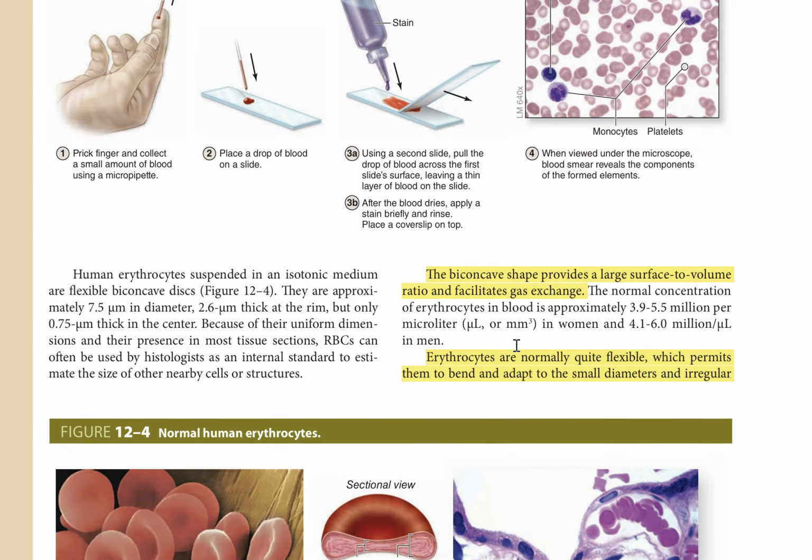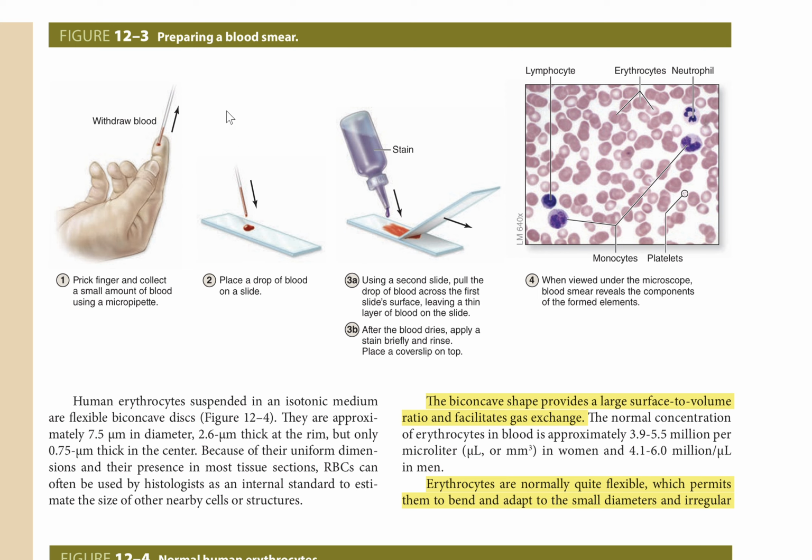So first we prepare the blood smear. We withdraw the blood from the finger, place that drop of blood on the slide, and then put stains on it.